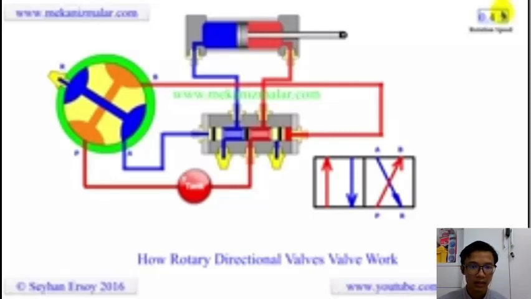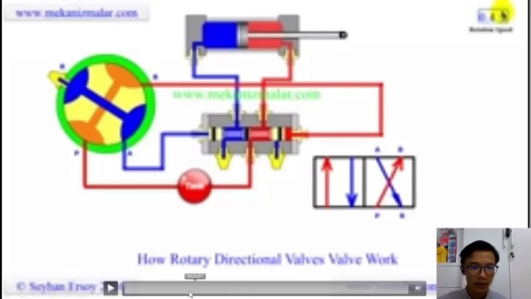Next, I will show you the system that will apply to our machine, our ECC machine. This is the rotary directional valve. It is a pneumatic device or pneumatic system.